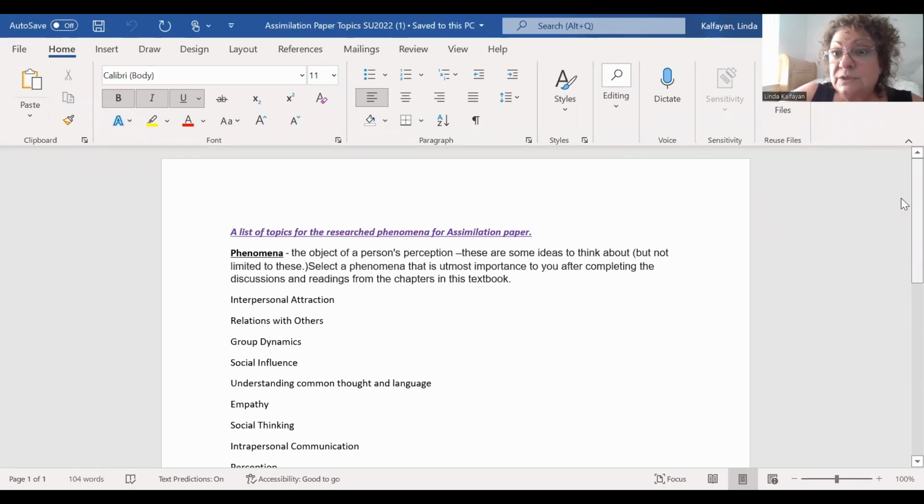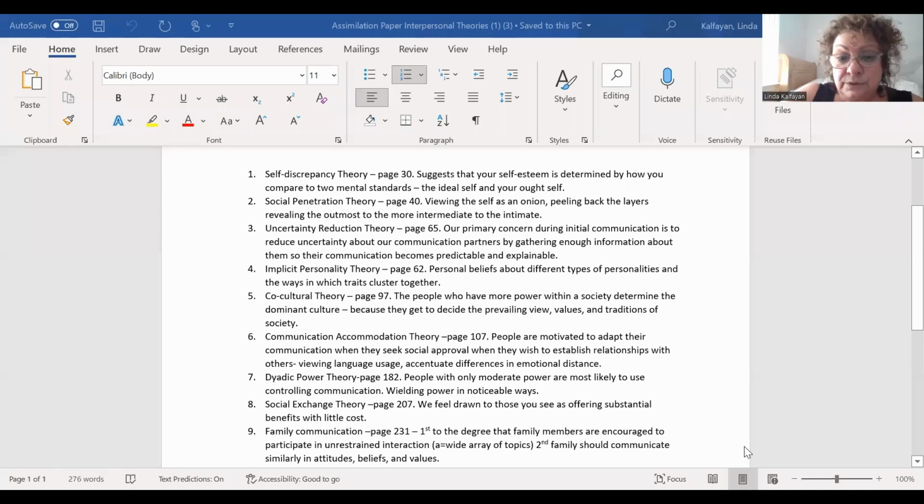If something sparked an interest in your reading, you can also combine. And then I just gave you the page numbers for the theories that you want to use, because this is an assimilation paper. So we need to know that your book is connected to your research paper, and more importantly, the 10 theories that your book was based on.